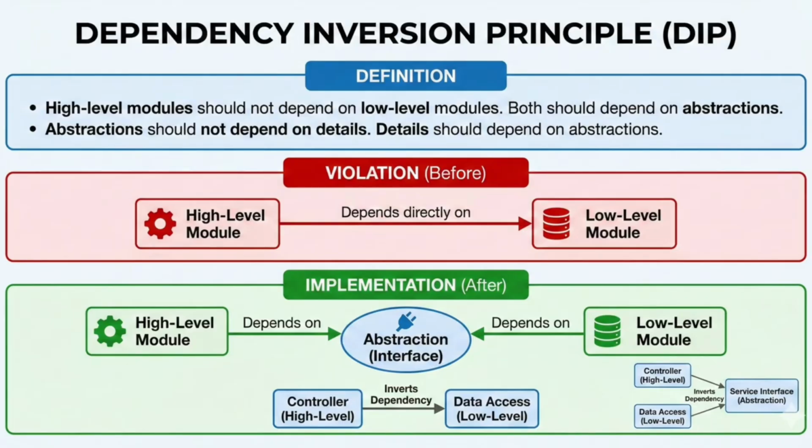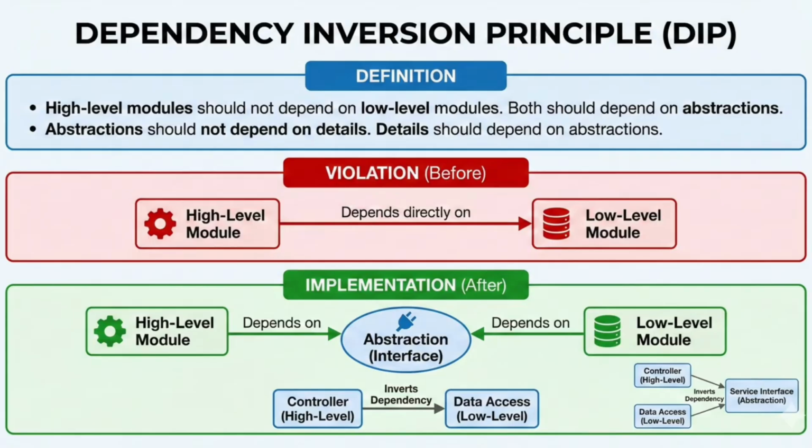The principle also says that abstractions should not depend on details, but details should depend on abstractions. This may sound slightly technical at first, but don't worry. By the end of this video, you'll not only understand it clearly, but you'll also be able to apply it confidently in your real projects. Let's break it down in the simplest way possible.